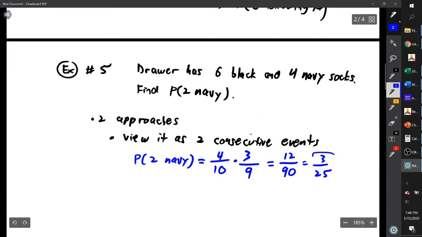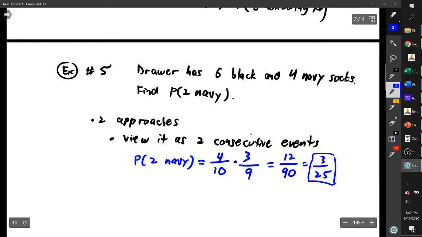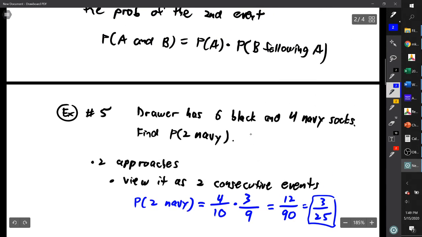Okay? That's viewing it as 2 consecutive events. You analyze the probability of the first one. That would be P of A up here. And then the P of B following A is, we assume that a navy sock has already been taken out of the drawer. Now what is the probability of drawing a navy sock out of what's left?